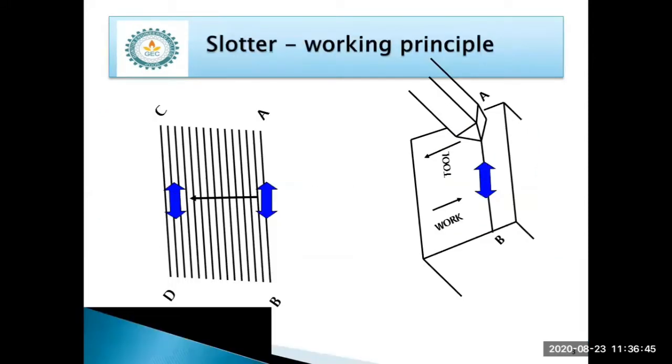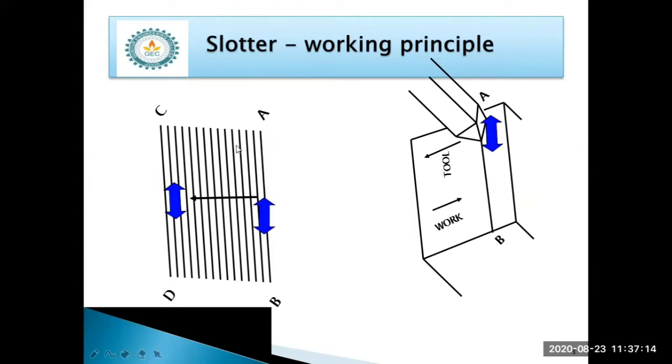Next one is the working principle of a slotter. The cutting tool repeatedly travels along line AB, and the work is fed a small distance each time, and the feed motion of the work and the line of tool motion are in the same plane but perpendicular.